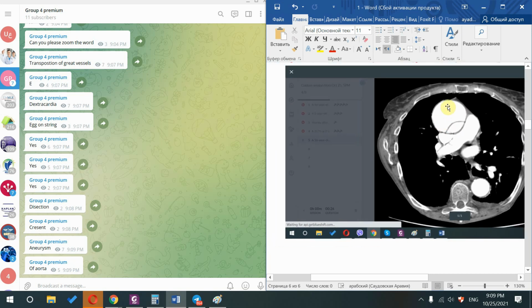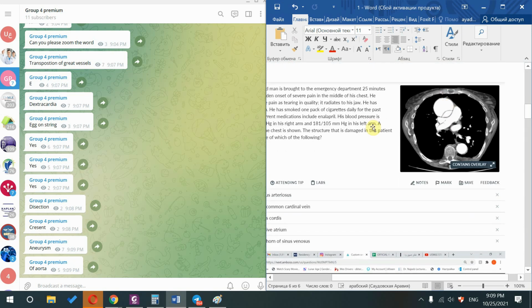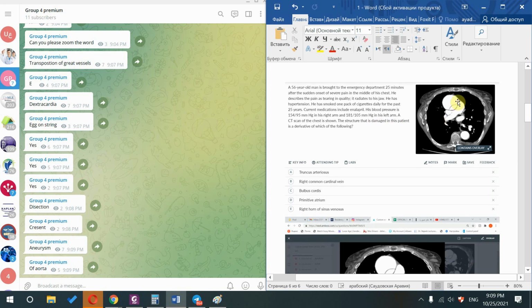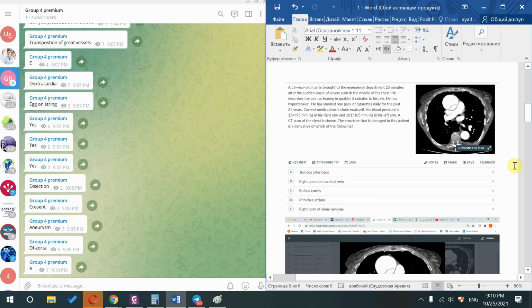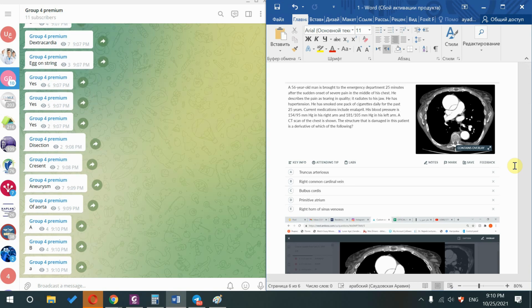The question is asking, the structure that is damaged, which is the aorta in this patient, is a derivative of which of the following? Excellent job, guys. It's truncus arteriosus. Remember we said the truncus arteriosus gives origin to both the aorta and the pulmonary trunk?